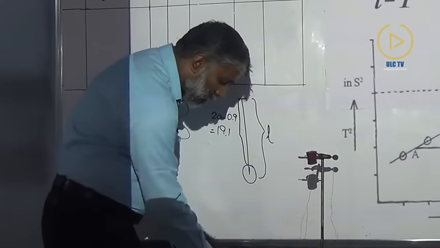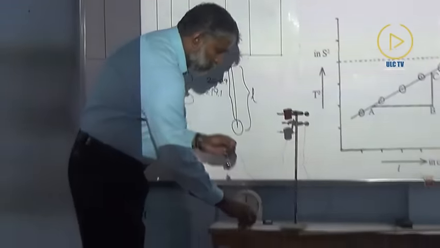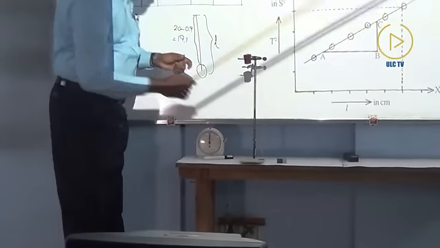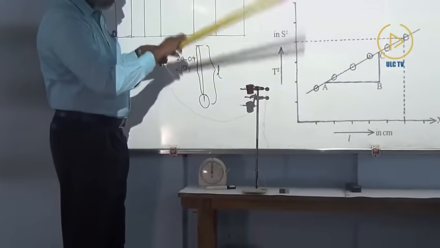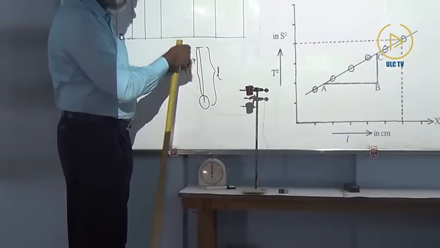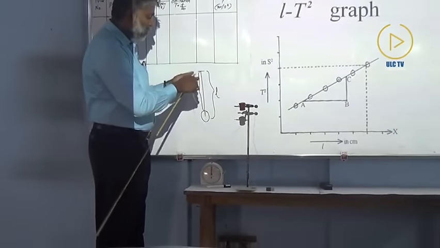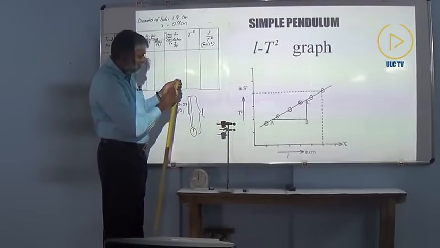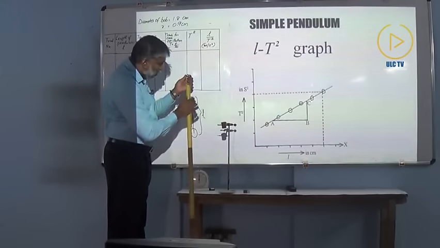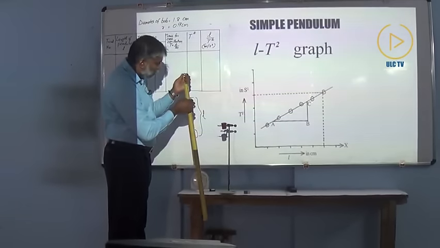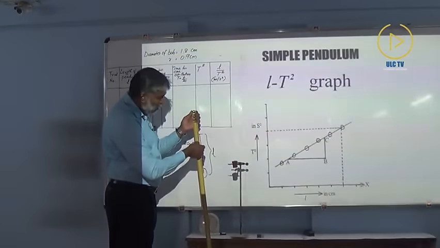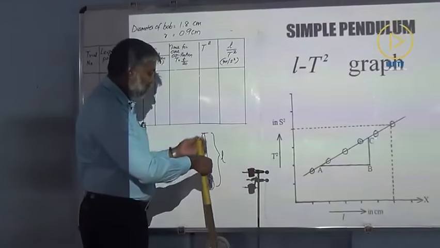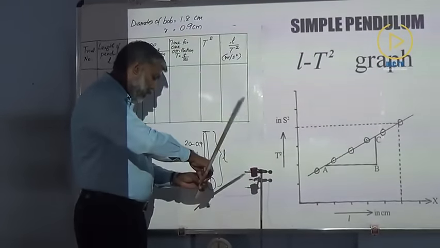So I am taking the bob here. This is a meter scale. I am placing it like this. The top of the bob is here. Then this is 19.1. Then I am marking there.